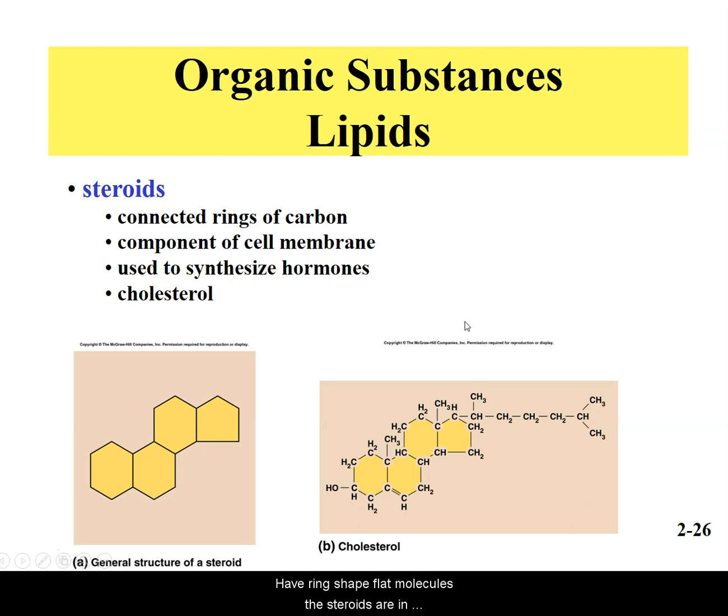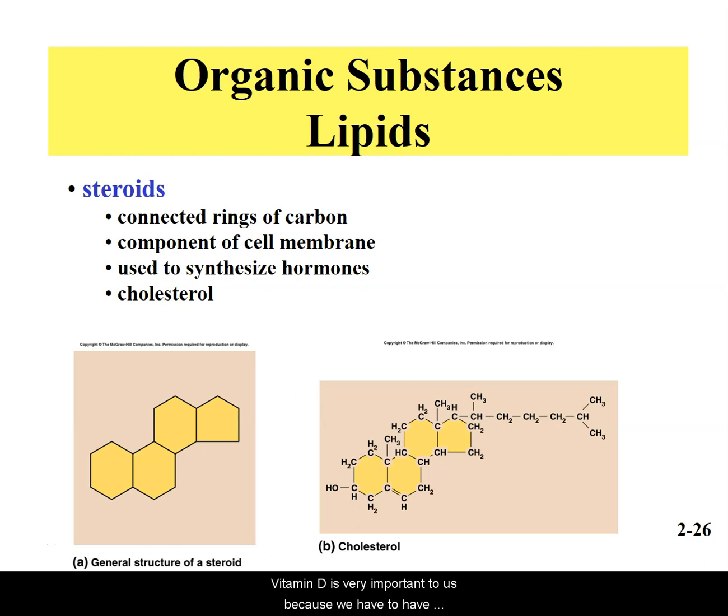Steroids have ring-shaped flat molecules. The steroids are in membranes that help stabilize them. It synthesizes other steroids. Some hormones are steroid-based, like sex hormones. Also, we need to synthesize vitamin D, and that is synthesized from a steroid.